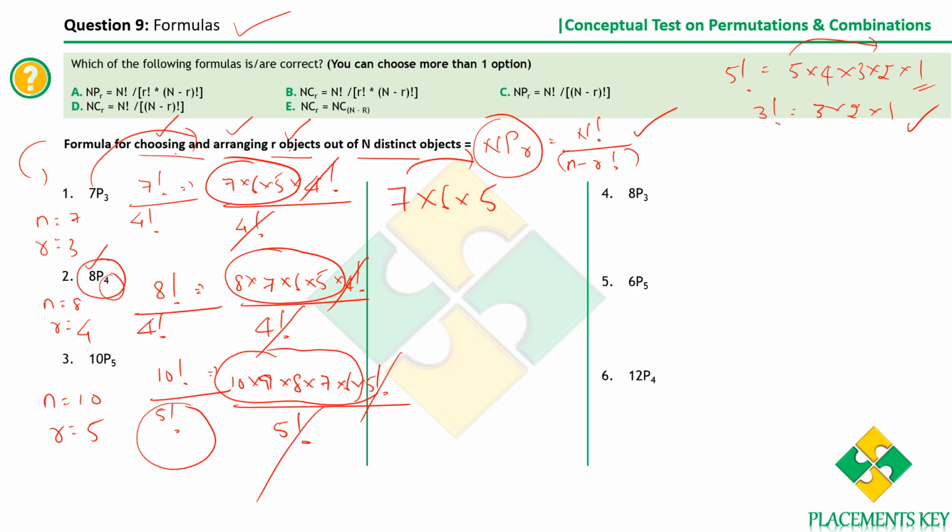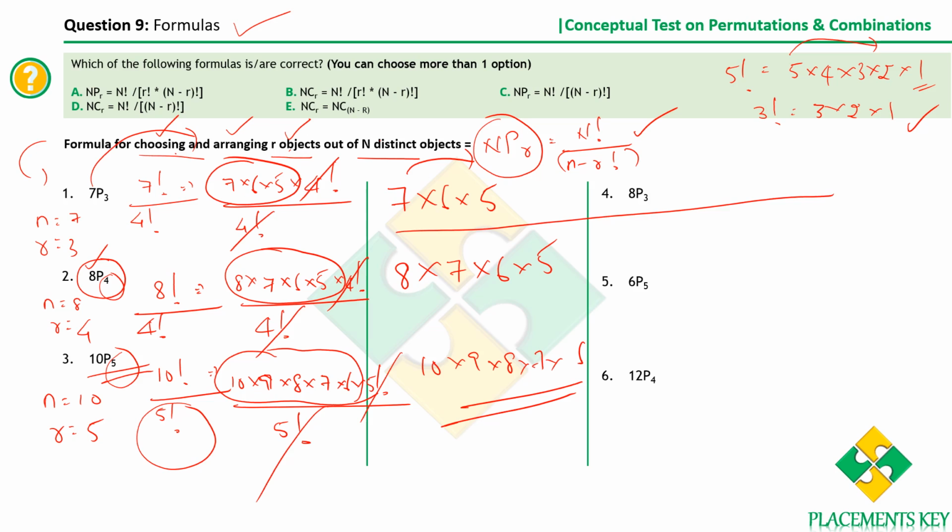Similarly for 8P4, we are writing 4 consecutive numbers starting from 8, 8 into 7 into 6 into 5. Similarly for 10P5, we are writing 5 numbers starting from 10. So it is 10 into 9 into 8 into 7 into 6. That is what is happening, isn't it?